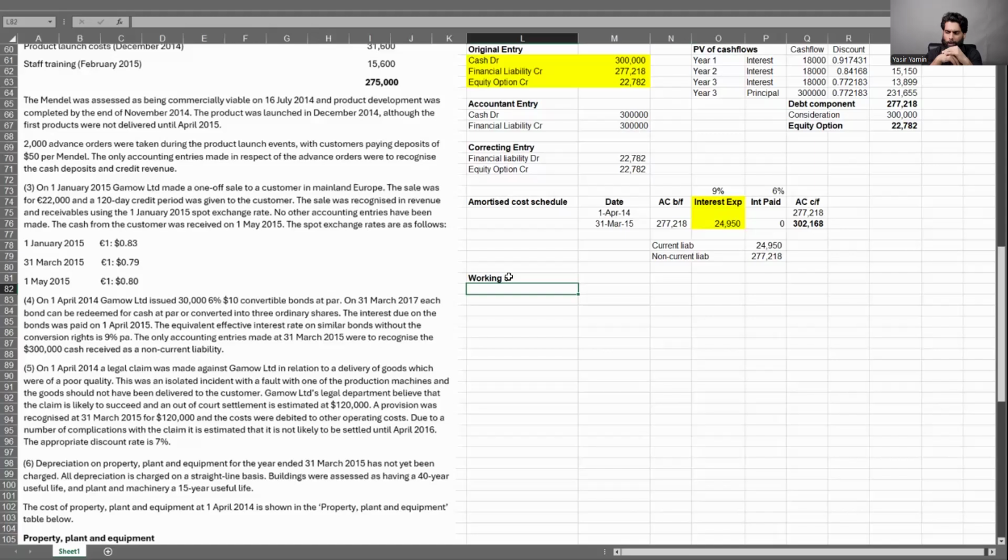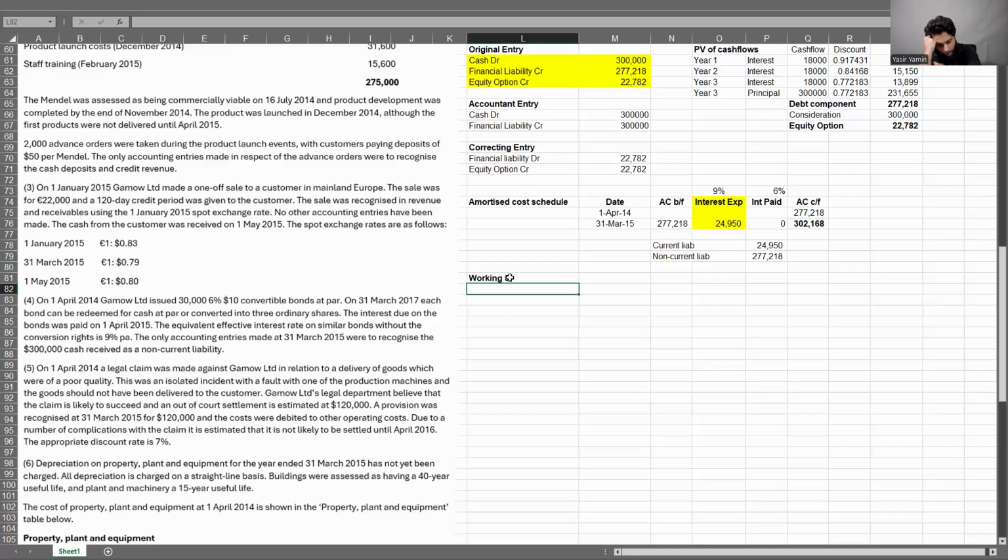IAS 37. Agreed. Now, if there is probable outflow, there should be a provision. If the outflow is virtually certain, you should recognize a liability. If it's a possible liability, then you only provide a disclosure, and so on. You know what IAS 37 says, right?